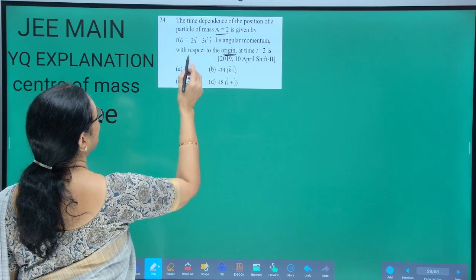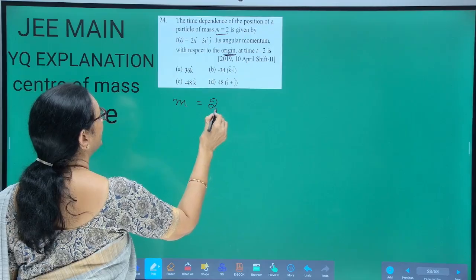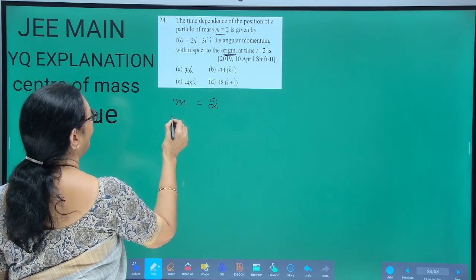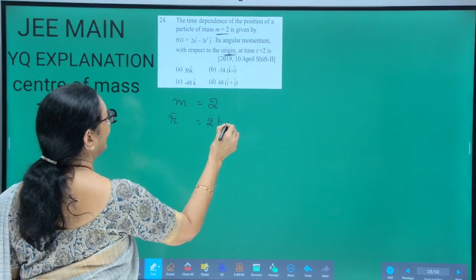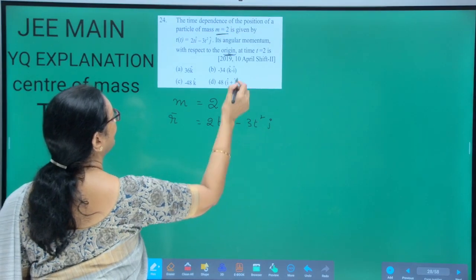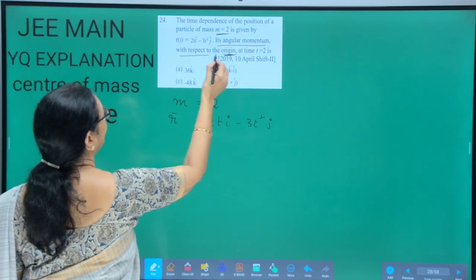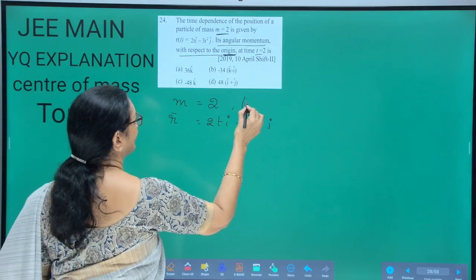Time dependence of position of a particle of mass 2 units is given by r bar is equal to 2t i bar minus 3t square j bar. Find its angular momentum with respect to the origin at t is equal to 2 seconds.